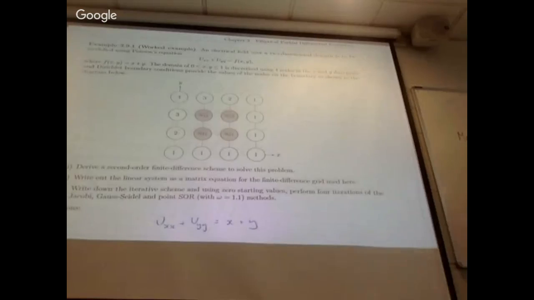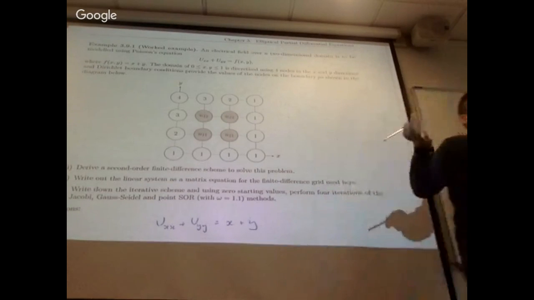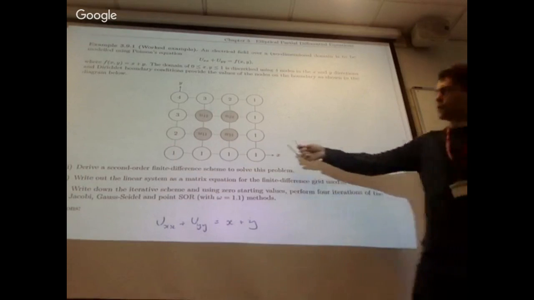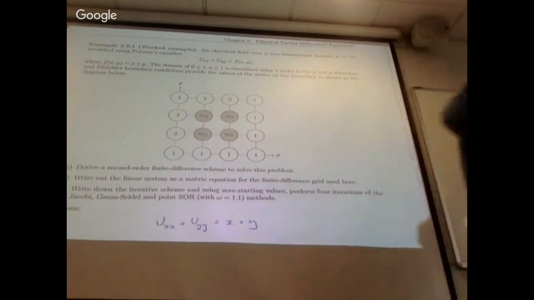We have a very simplified problem. I'm calculating Poisson's equation this time, very similar to Laplace's equation, except that instead of equal to 0, we've got equal to some function. In this case, it's x plus y. And I've just got 4 computational nodes in the middle, which I'm going to be solving for, as we looked at last week.